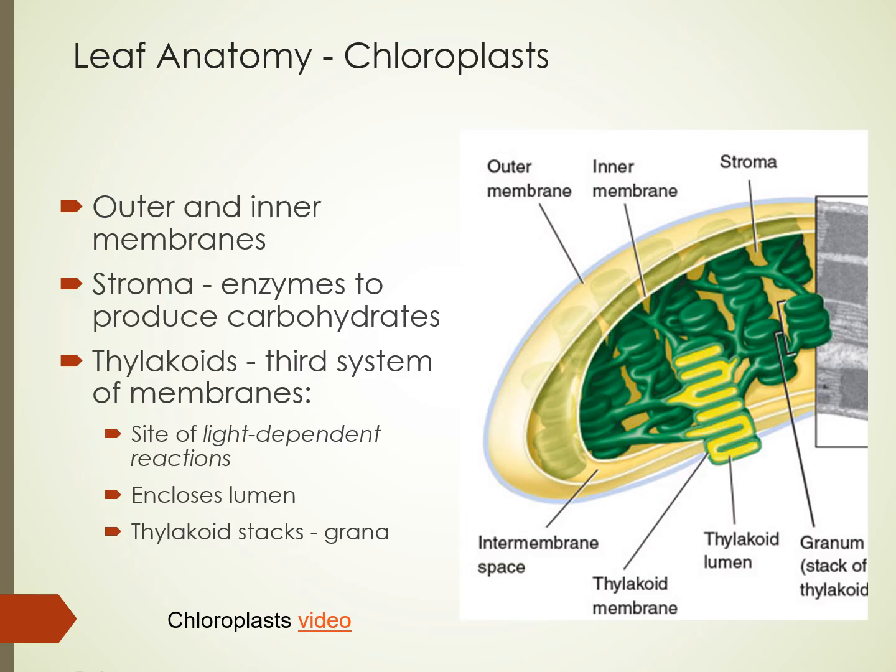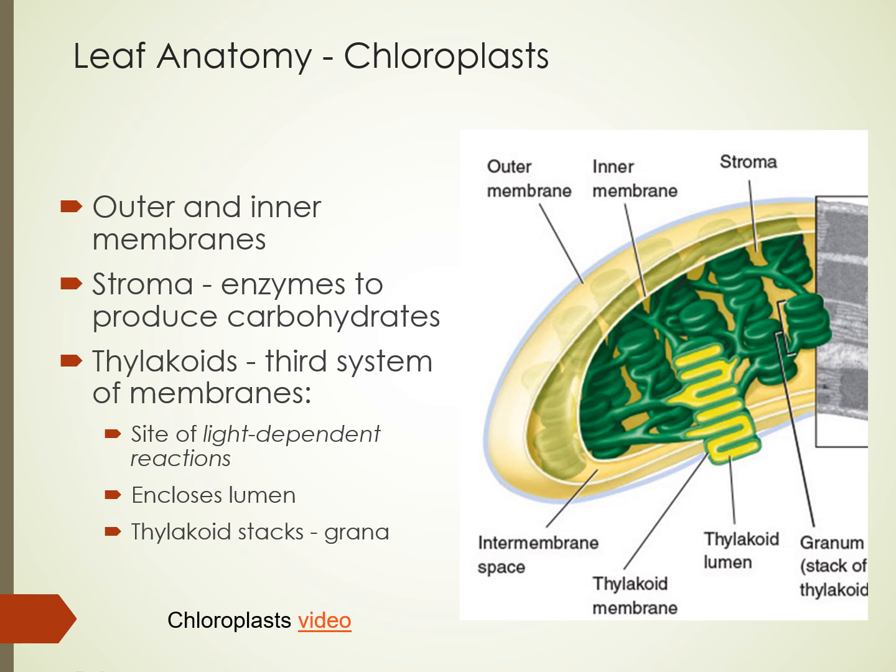Looking more closely at the chloroplast, notice it has a double membrane, both an inner and an outer membrane. The inner membrane encloses the fluid-filled stroma, which contains enzymes required to produce carbohydrates. Suspended in the stroma are the stacks of thylakoids, which are a third system of membranes.